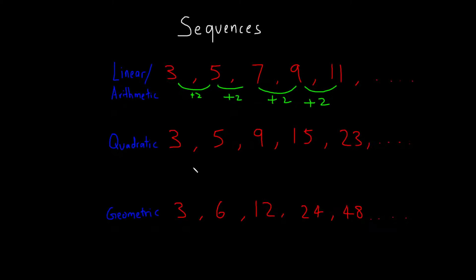For quadratic sequence, on the other hand, you will see that it might start from the same number, but it progresses on to be a larger number at the end. So the difference here is plus 2, then plus 4, plus 6, and plus 8.